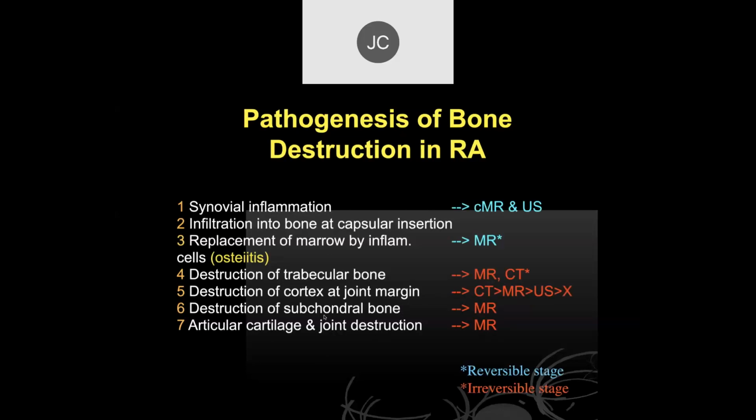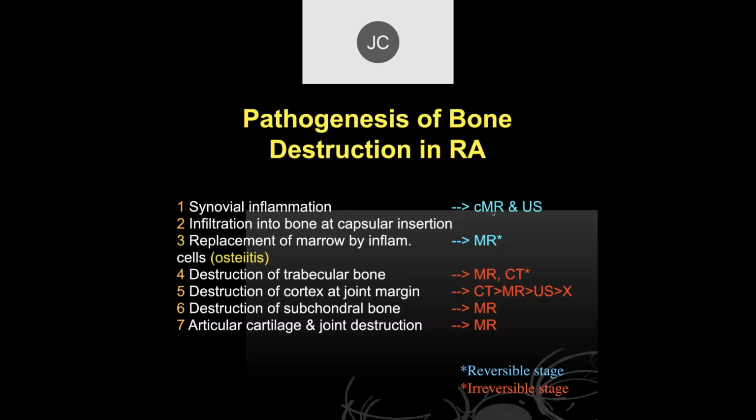Now, if you look at these different stages, there are different imaging tools that are helpful. In the synovial inflammatory stage, contrast MRI can pick up the early synovial inflammation, especially if you use a dynamic MR study looking at contrast enhancement within the first minute of the injection.